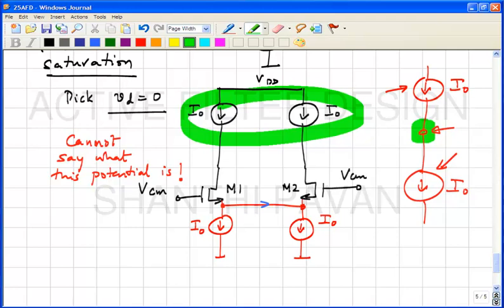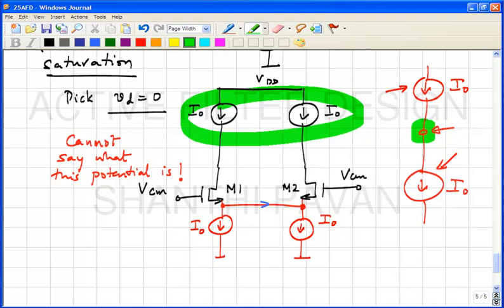But now we notice that even when the input differential voltage is 0, where we hope that the drain voltages of M1 and M2 are high enough to keep them in saturation, we see that even if there is an infinitesimally small mismatch between the push up currents and the pull down currents, the output common mode either keeps going up or keeps going down, or we have absolutely no idea what it is if it is constant.